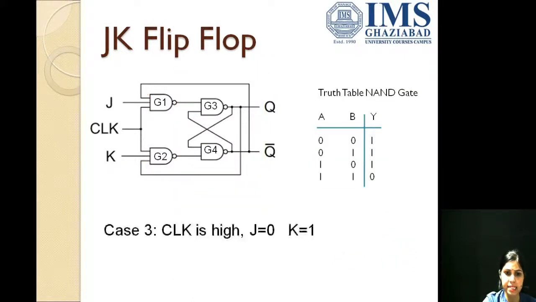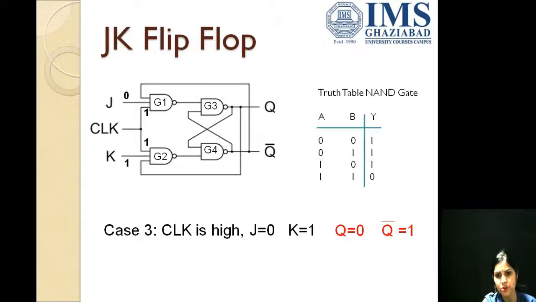Now let us consider case 3 when clock is high, J is 0 and K is 1. This is the scenario. Now let us have Q as previous output Q as 0 and Q bar as 1. The previous output has been marked by red alphabets, and the current is marked by the purple alphabets here.